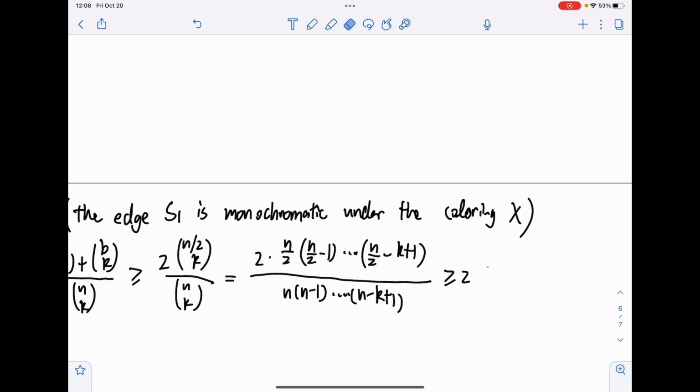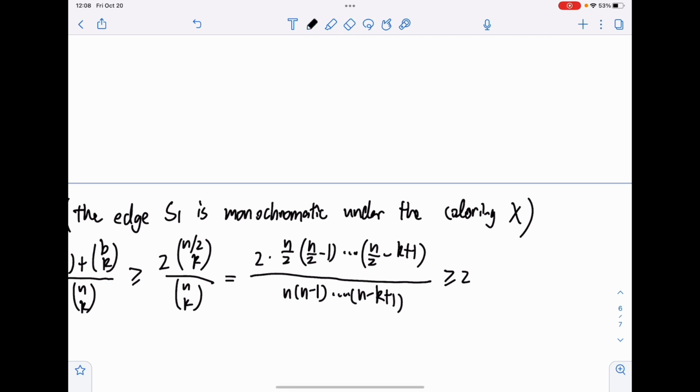And we can expand it, and the numerator becomes n over 2 times n over 2 minus 1 up to n over 2 minus k plus 1.